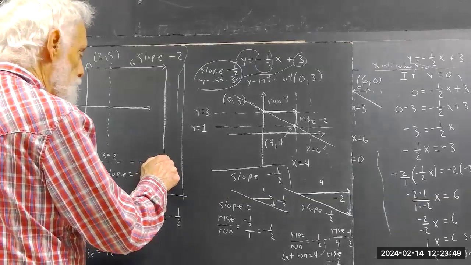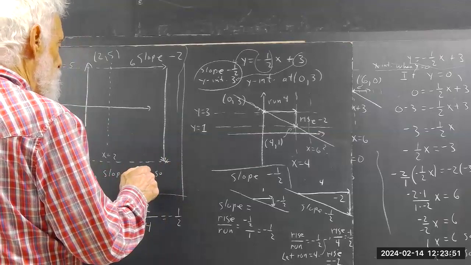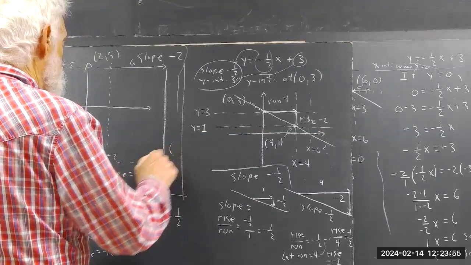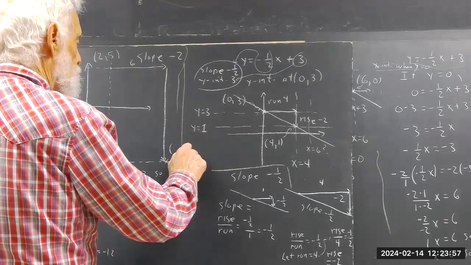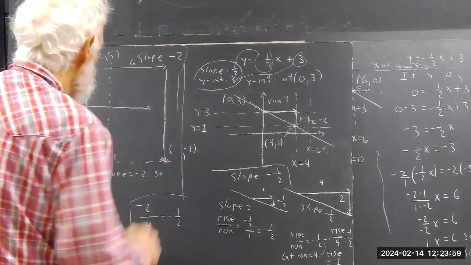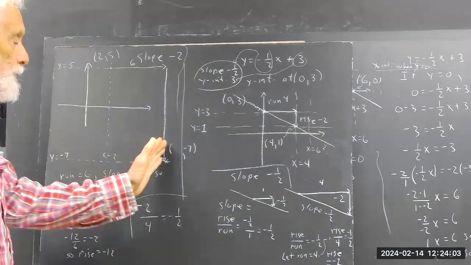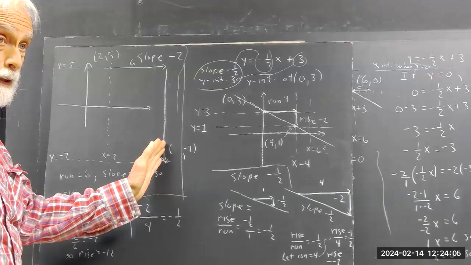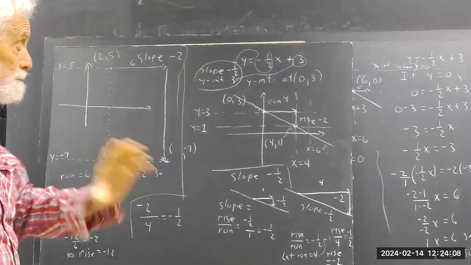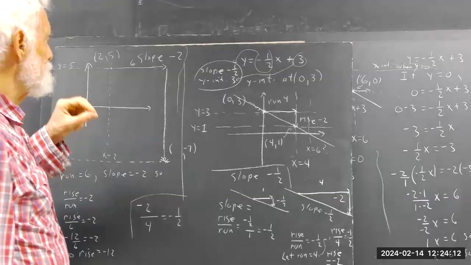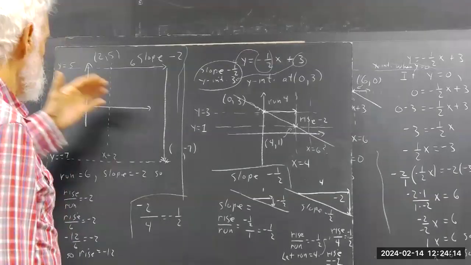We conclude then that this point here should have coordinates. Okay, well, y coordinate is going to be -7. What's the x coordinate? Well, how far is it from the y-axis to this line? That's what the x coordinate is, and we've got to get pretty good at that reasoning to really understand the coordinate plane.